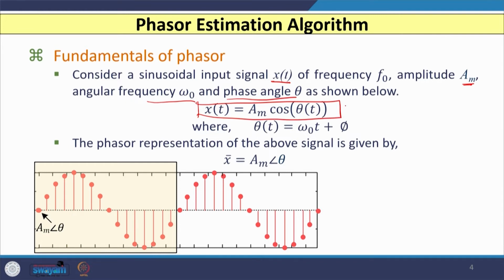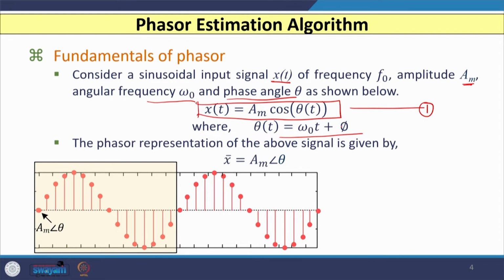Let us call this equation number 1. So, x(t) is nothing but the amplitude Am multiplied by cos of theta(t), where theta(t) is given by omega 0 t plus phi. Omega 0, as I told you, is the angular frequency and phi is the angle.